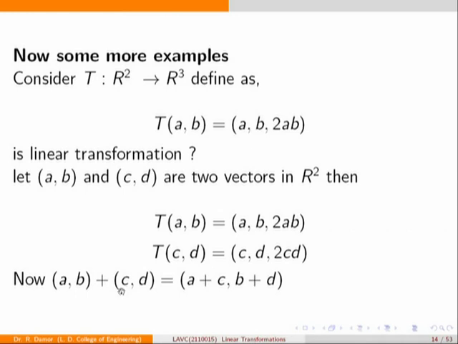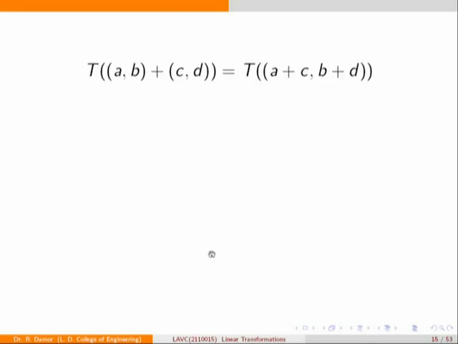This is the addition of these two vectors in R2. Now the transformation of this: the transformation of (a plus c, b plus d).